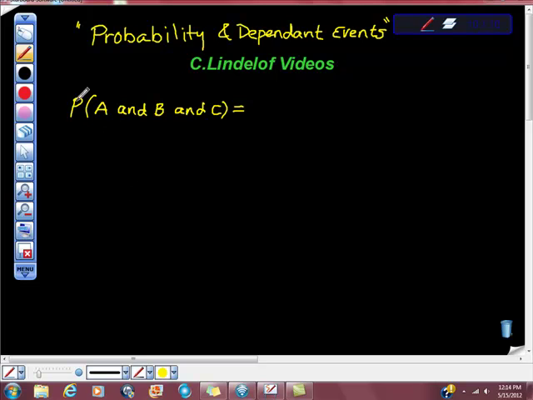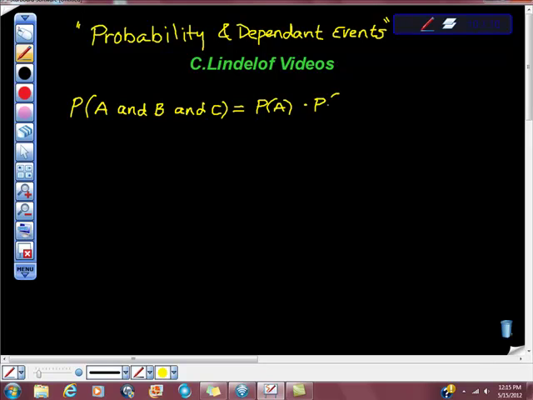So we want the probability of A and B and C. And what we're assuming here is that they're dependent events, and that the pieces will not be put back after they've been drawn out. Let's see if I can make sense of that in a second. So hang with me. If I want the probability of A, B, and C, it is the probability of A. That makes enough sense.